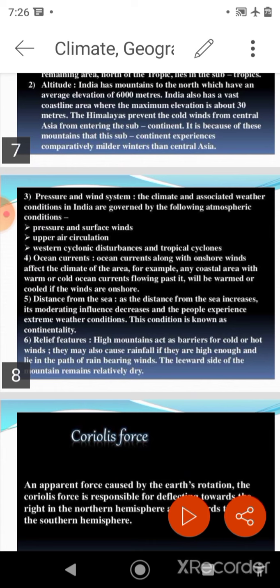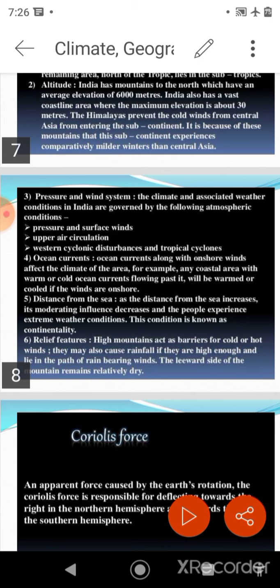If you want to define jet stream in a very simple sentence, we can say these are air currents which blow at higher altitude, above 12,000 meters.